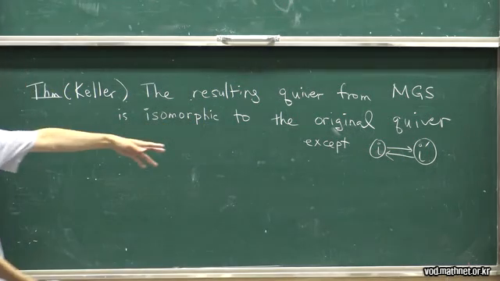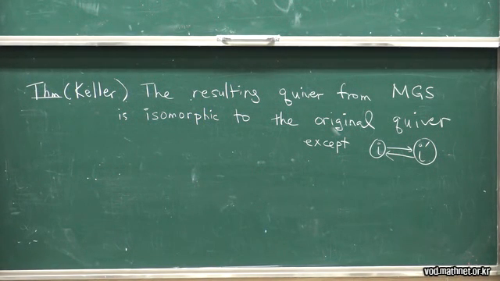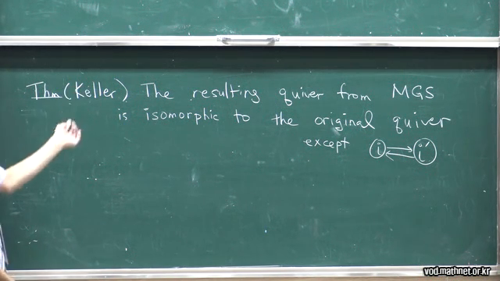So except for the new vertices and new arrows from new vertices, if I look at just the old part, then they are isomorphic to the original ones.